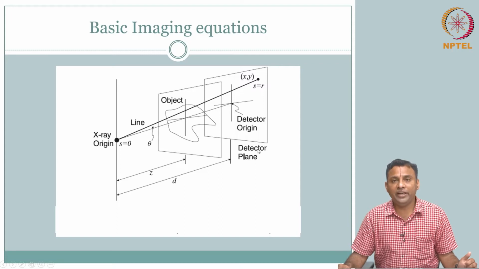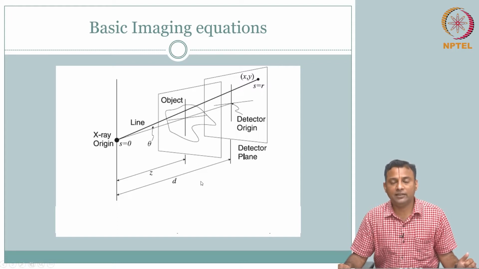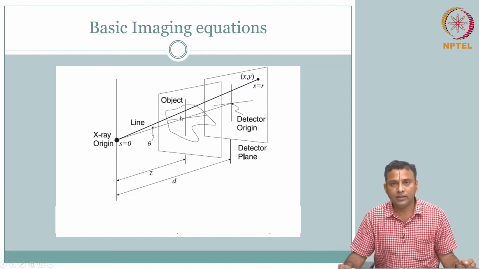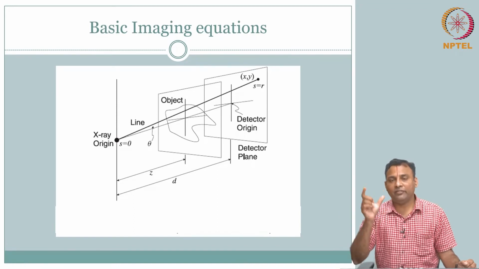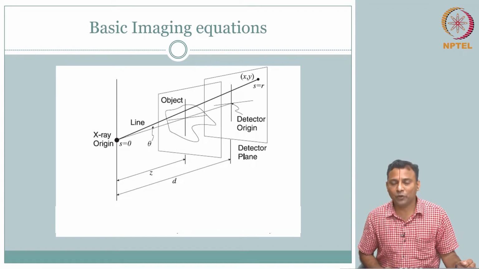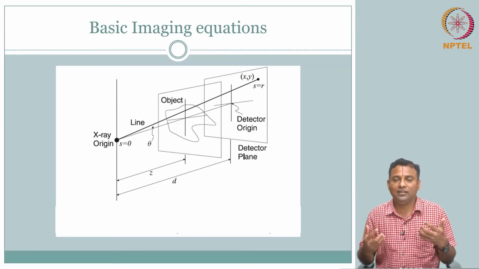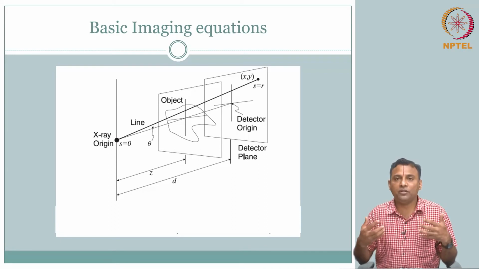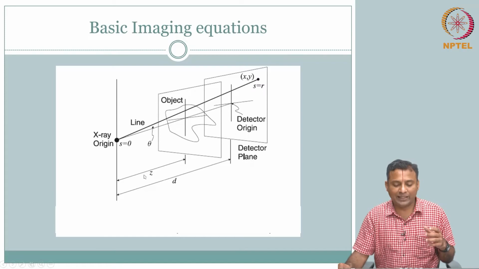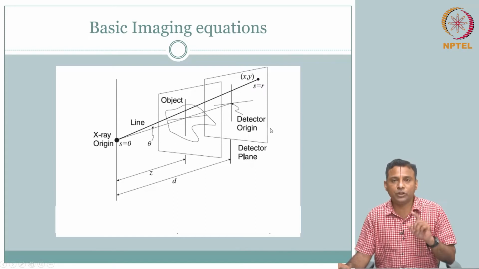Okay. So now we need to see what are the factors that are going to play from the instrumentation point of view, and how are they going to get into the fundamental law that we wrote. So we need to update the fundamental law, or use the fundamental law for a given setup like this, which is what we will do now.